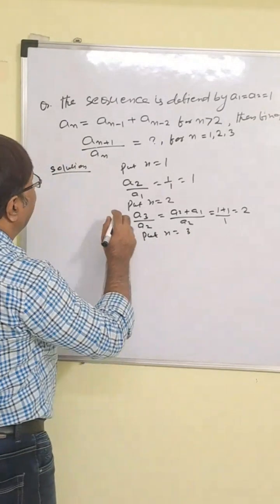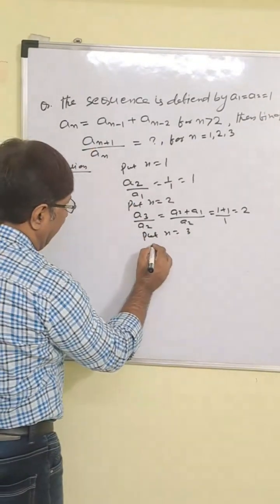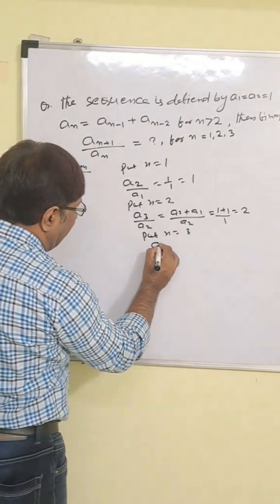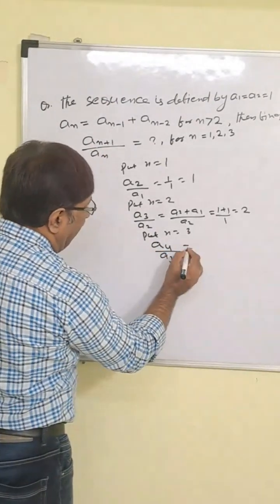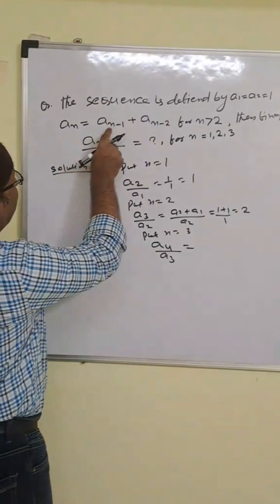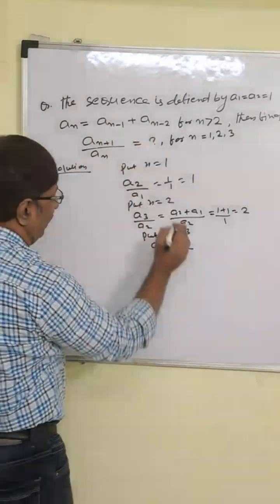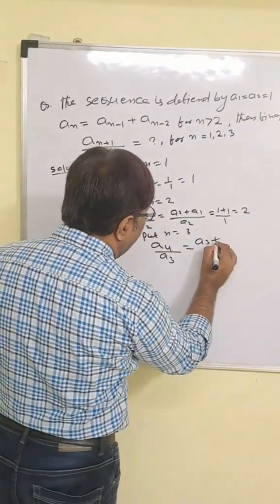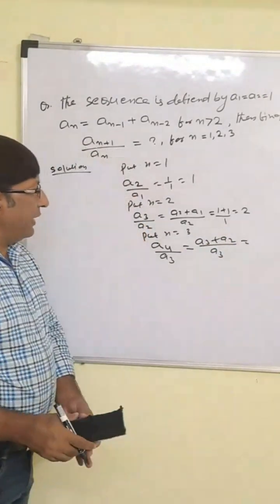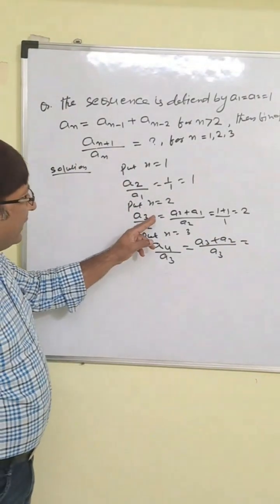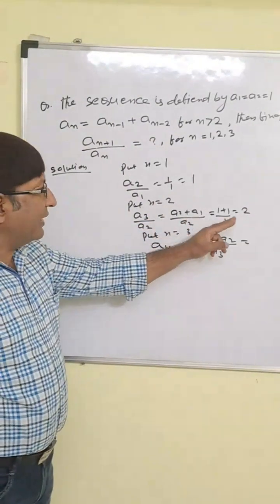Now you put n equal to 3. When we put n equal to 3, we get n plus 1, that is 3 plus 1, A4, and here A3. A4 means A3 plus A2. So this is A3 plus A2 upon A3. Now you know A3 is A2 plus A1, that is 2.